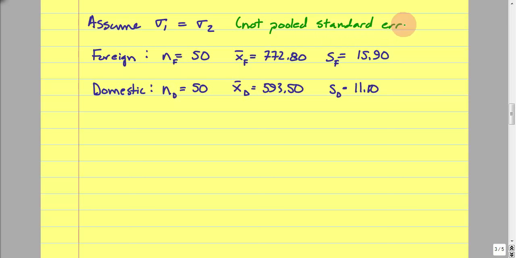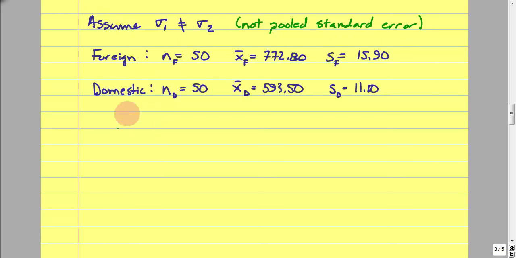We don't use the pooled standard error when they're not equal. I have this notation wrong, so let's fix this. Here, let's make sure we have sigma 1 does not equal sigma 2, so then we're not using the pooled standard error. And we have the same summary values.